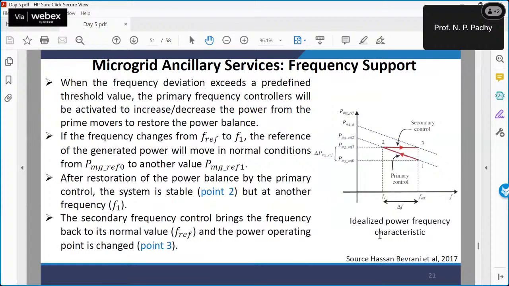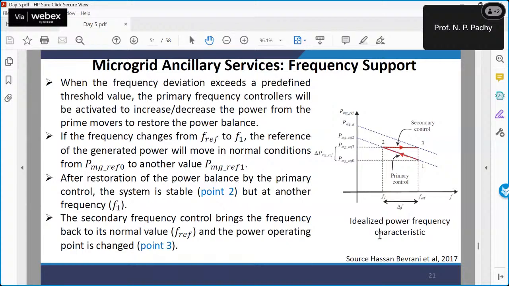So when the frequency deviation exceeds a predefined threshold value, very important, the primary frequency control will be activated to increase or decrease the power from the prime mover to restore the power balance. All right. If the frequency changes from F reference to F1, the reference of the generator power will move in normal conditions from PMG reference to another PMG reference 1.